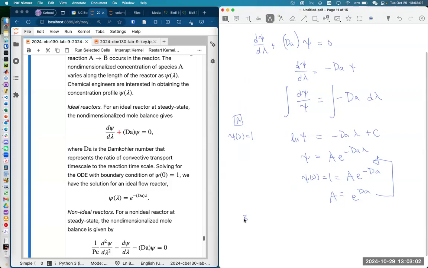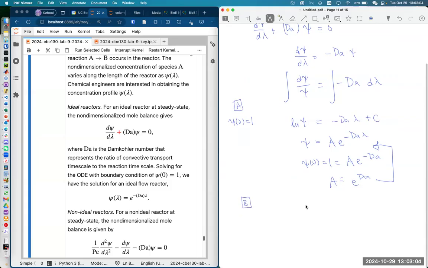But I'll provide another way, another trick. So this trick is that when you have an initial condition and you're doing the integration, you put it in here. So you have psi of 0 is equal to 1. So this is lambda, this is psi. So you put the psi is 1 and the lambda is 0 here, and then you integrate with respect to the symbol psi and the symbol lambda.